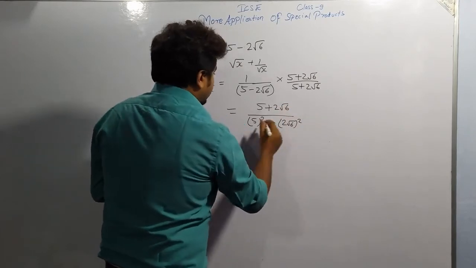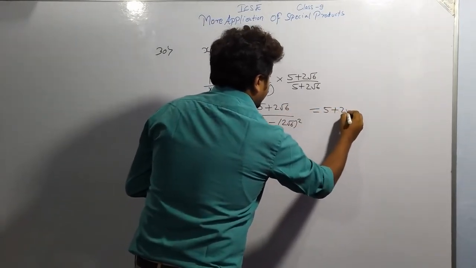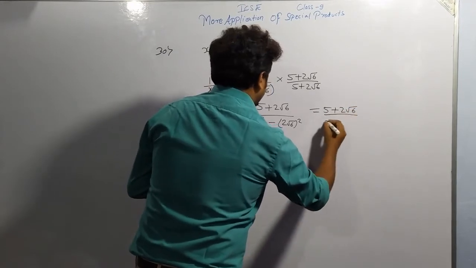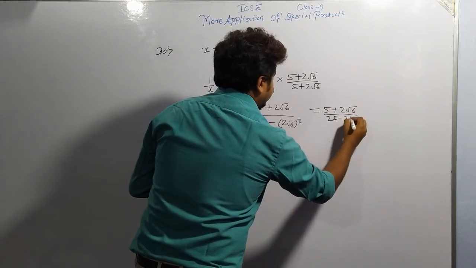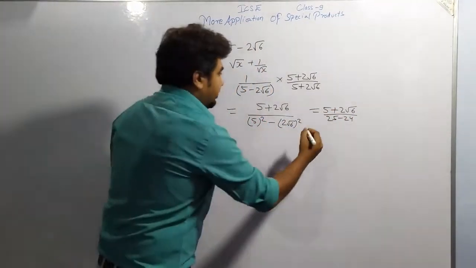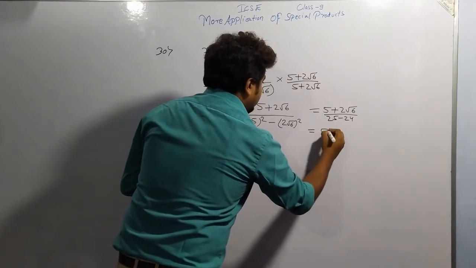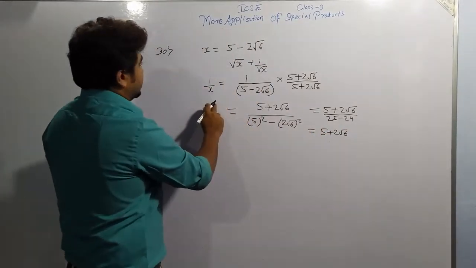In the denominator we are getting 25 minus 24, which comes out to be 1. So in the numerator we get 5 plus 2 root 6. This is the value of 1 by x.